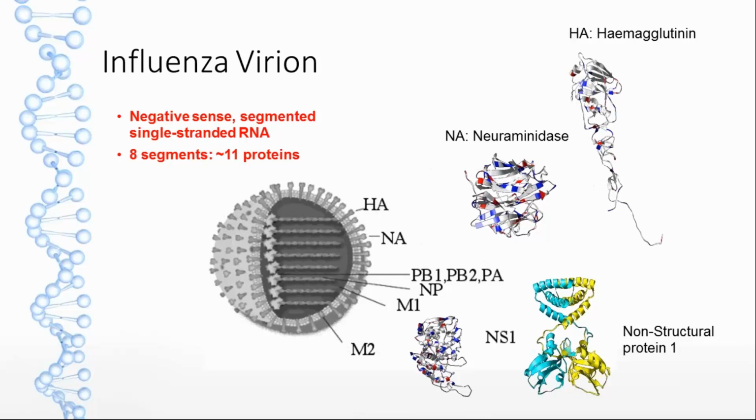In particular important is the non-structural protein, which is more or less the key protein of the virulence of influenza, because it modifies a lot of key processes, in particular the splicing machinery, to benefit the viral mRNA processing, but it also has many other functions. It's a multifunctional protein.